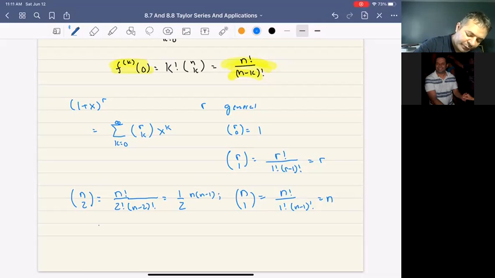So we give r choose 2 the value 1/2 r times r minus 1. Okay, all right, so let me come back and I will do an example with this. Okay, so I'm running out of space.